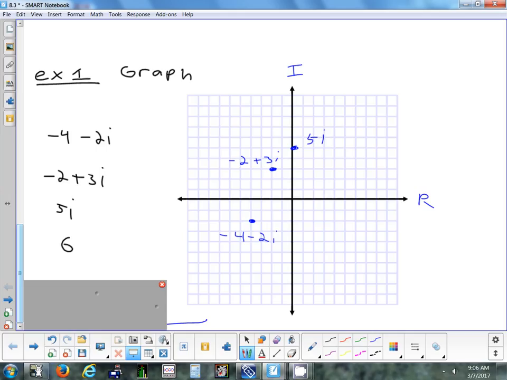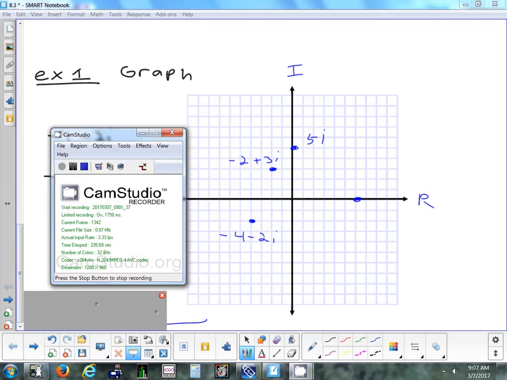What's the imaginary part there? 0. So there's no imaginary part, which means you're not going to go up and down. So how would you graph 6? You just go to the right 6. And that's all you have to do to graph a number in the complex plane.